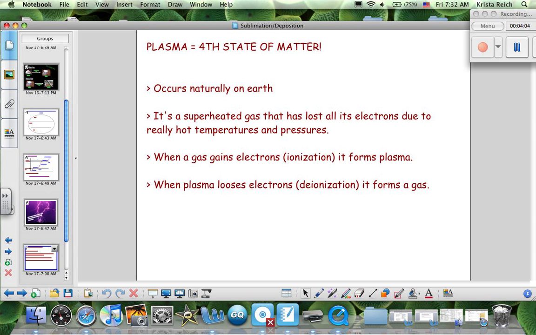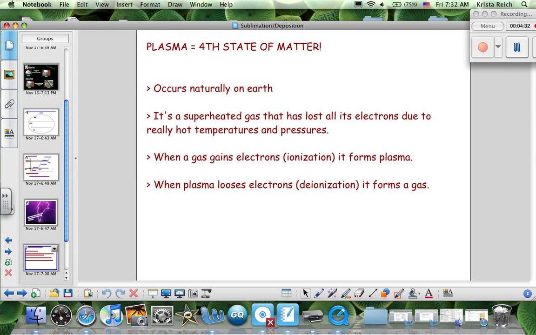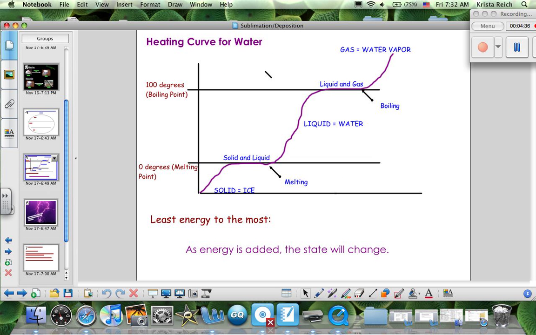It has lost all of its electrons due to these really, really hot temperatures, and as we increase temperature, the pressure also increases. Now here's a couple terms that if you can relate this to plasma, that would be good enough for me. When a gas gains electrons, it is called ionization. So as this temperature increases, gas is going to gain electrons.